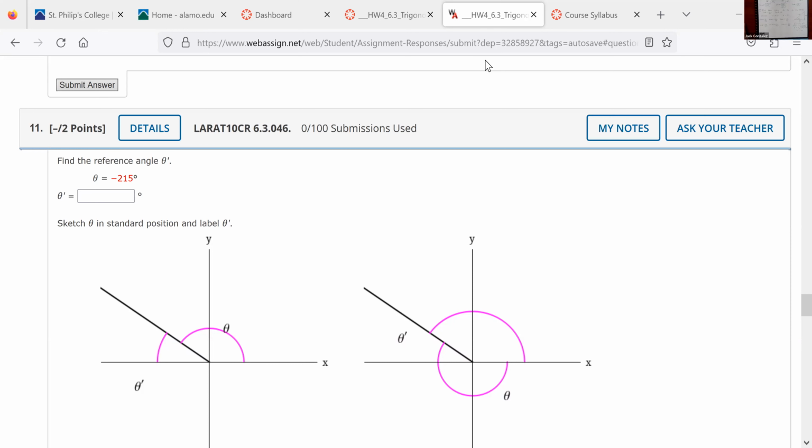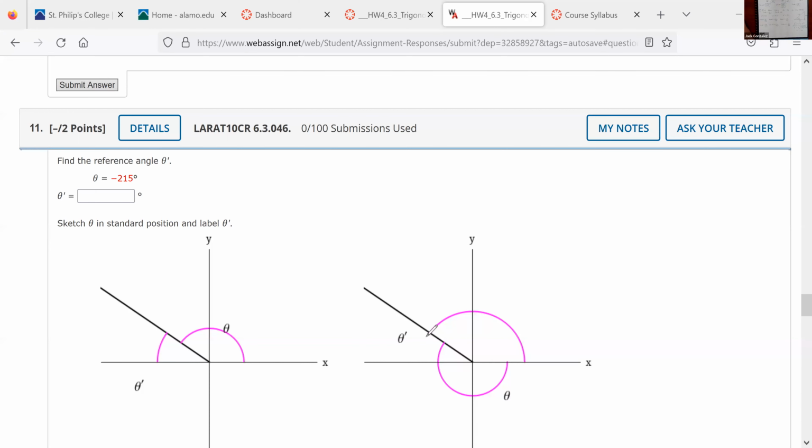So what does reference angle mean? It means the distance from wherever you landed to the x-axis. So given some angle theta, what is that? The distance to the x-axis.